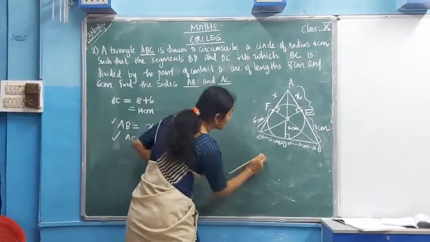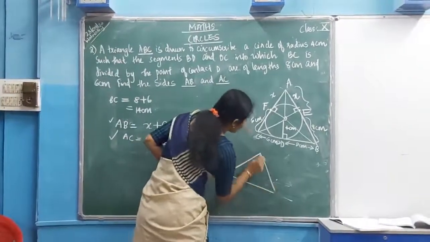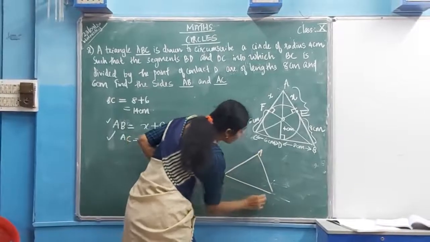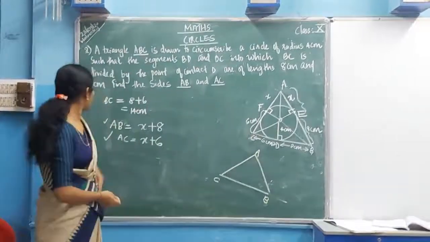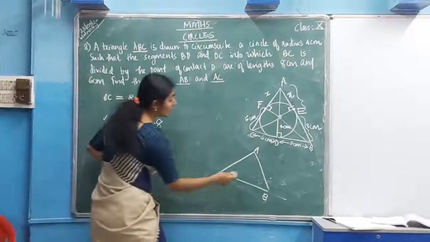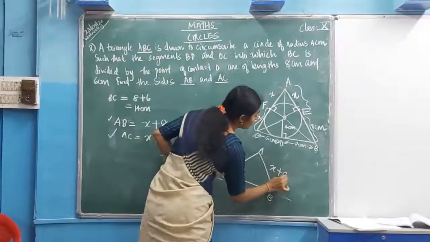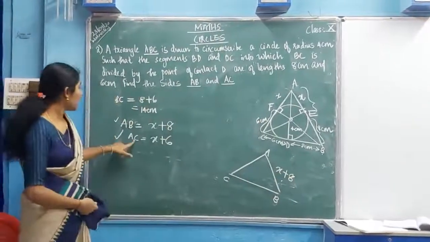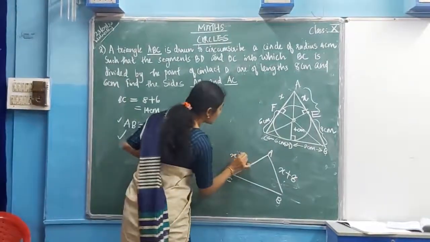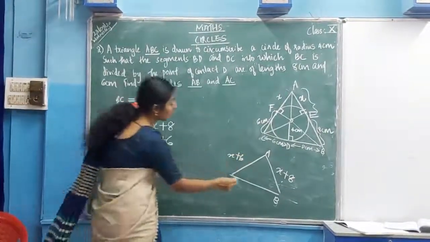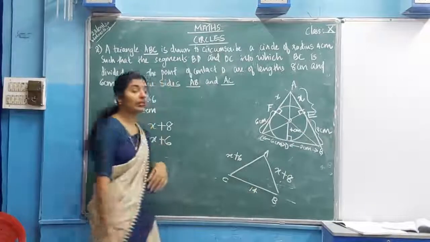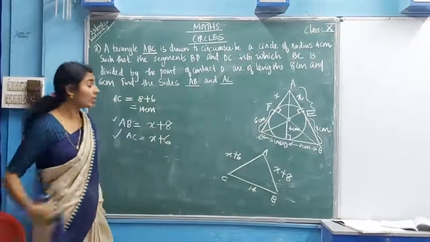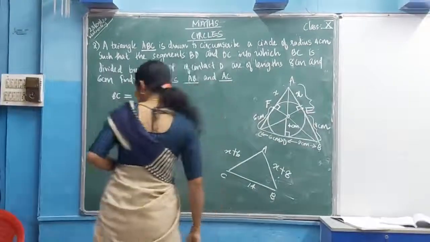The triangle name is triangle ACB. AB we are taking as x plus 8, AC is x plus 6 and BC is 14. When you are given three sides of a triangle, how will you apply Heron's formula?